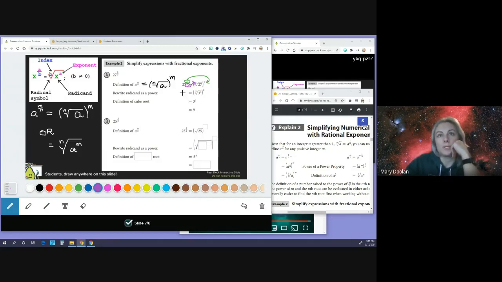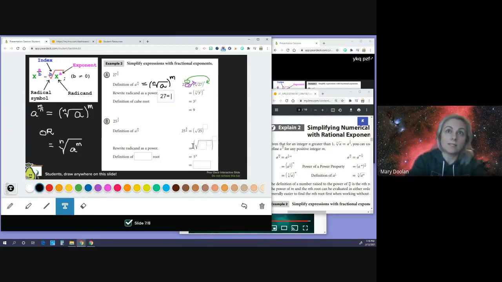Okay, and so once we use the definition to change this power into a radical expression, then we can rewrite the radicand as a power. Our radicand is the number that is under the radical sign, and so in this case, 27 is our radicand.